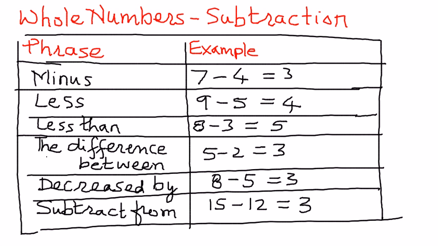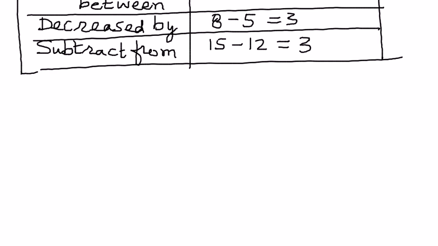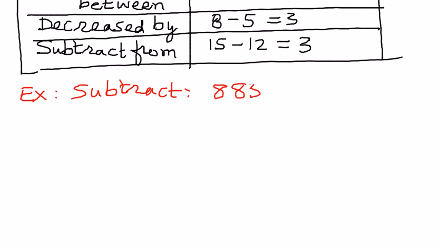Let us look at an example in here to be able to understand how subtraction is done in whole numbers. Let us say we want to subtract these two numbers: 8854 minus 2342.